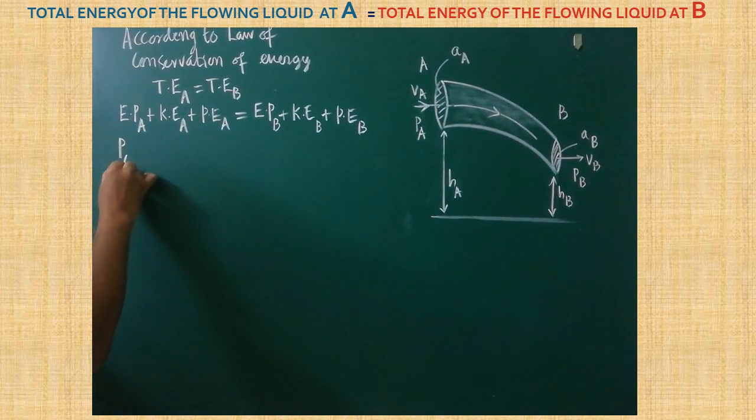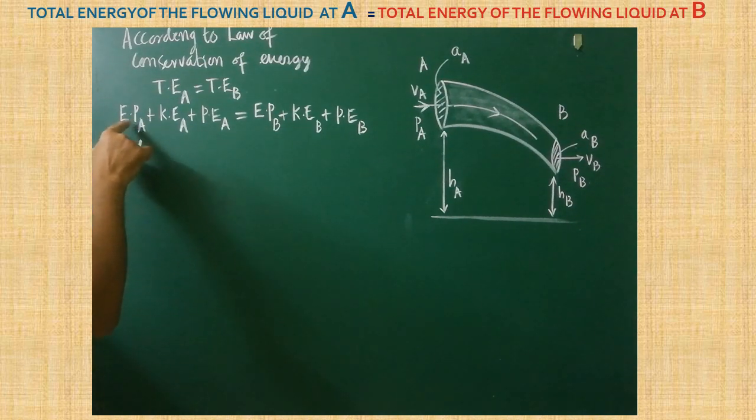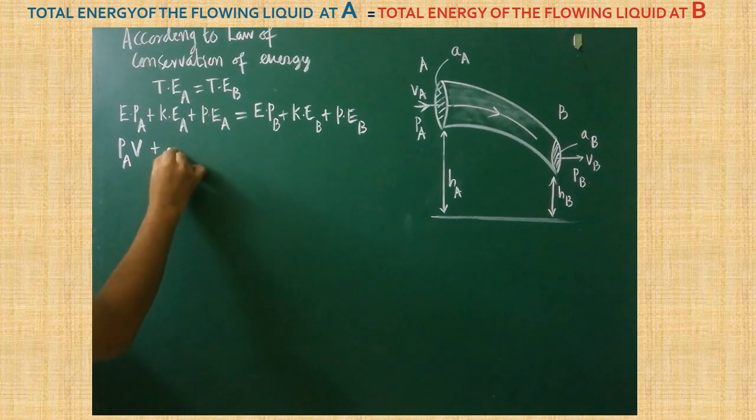PA into V, which was already written. Pressure at A multiplied by volume gives you the pressure energy at A. How will you write the kinetic energy?